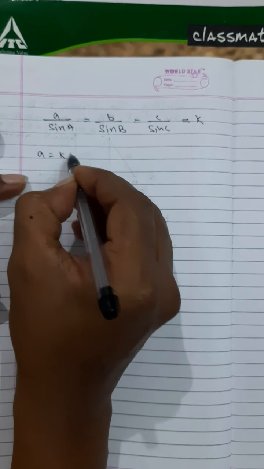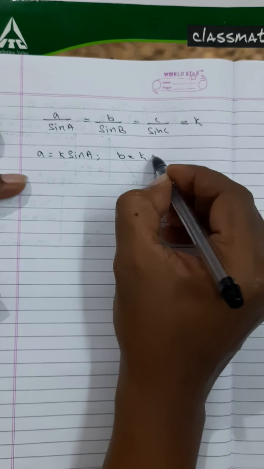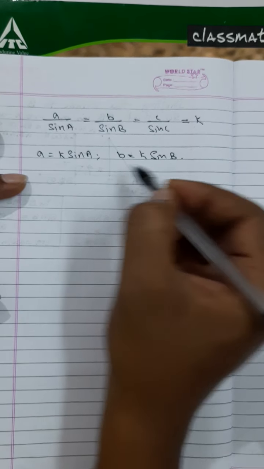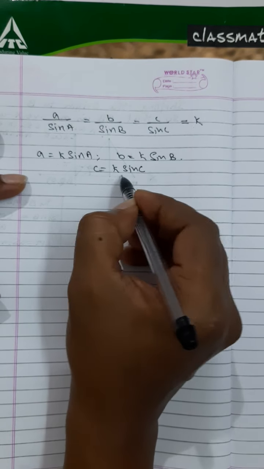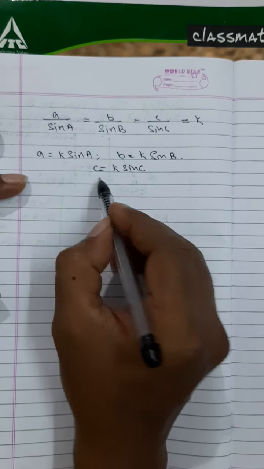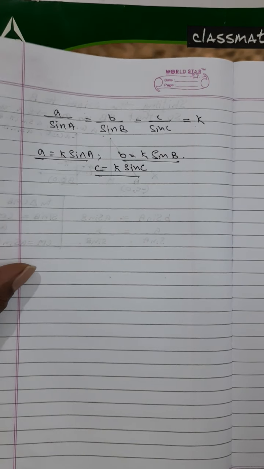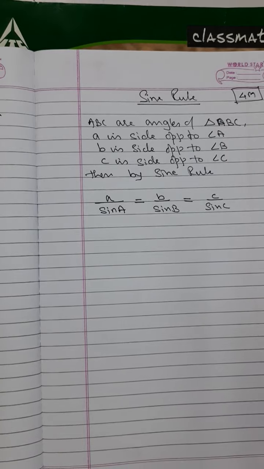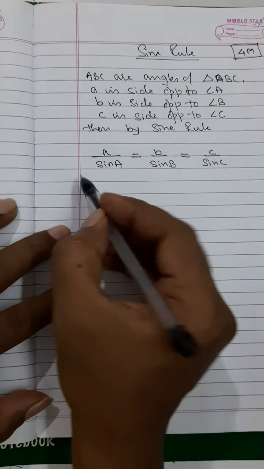So we can tell, if I cross multiply this, a is equal to k sine A, b is equal to k sine B, c is equal to k sine C. Okay, this also is a form of this rule which we will have to apply when we are using it in our problems. So let us go to prove this rule.